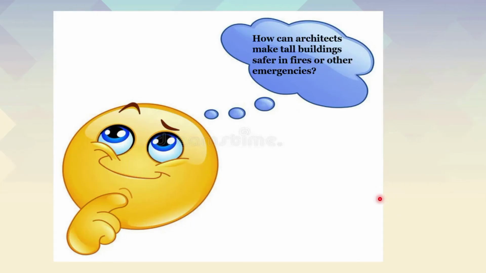Great. We will be looking at ideas to make tall buildings safer. Now, pause the video and think about ways that tall buildings can be made safer. How can architects make tall buildings safer in fires or other emergencies?